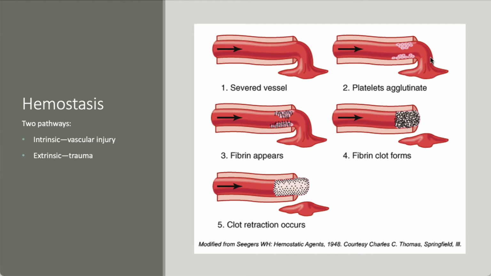In either case, there's some damage to the vessel, okay? Then platelets show up at the scene and they form what we call the white clot, because platelets are kind of pale, and that forms the white clot.